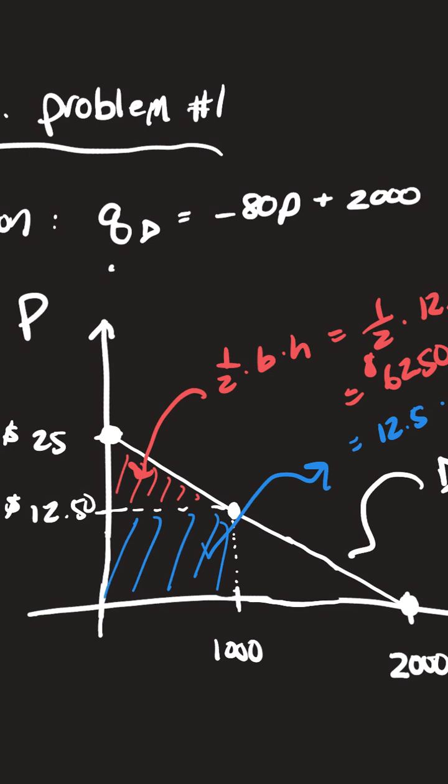Okay, so we take both of those things together and we get the total consumer surplus from consuming 1,000 t-shirts when the price is 0 is going to be equal to 6250 plus 12,500, okay, which is equal to 18,750.